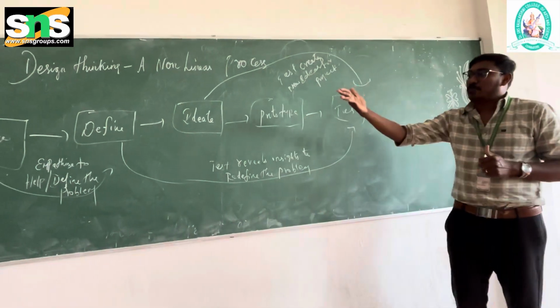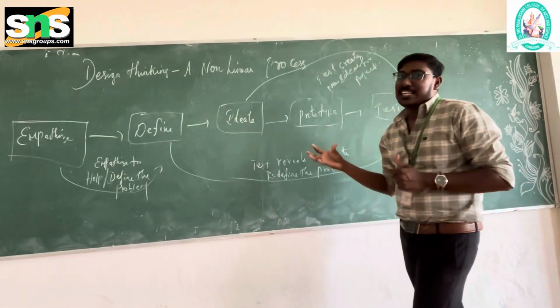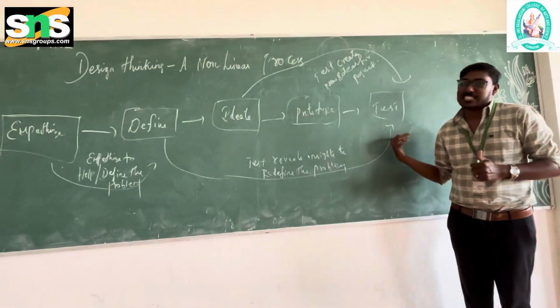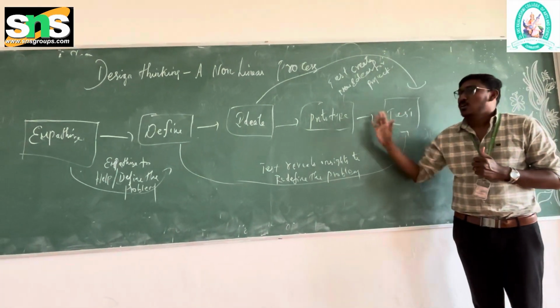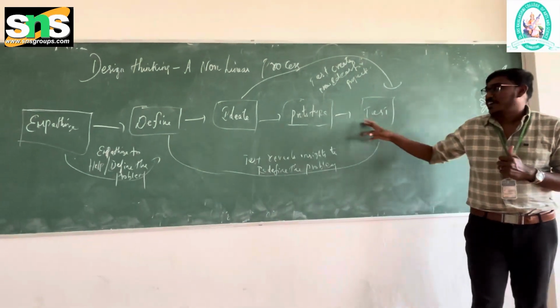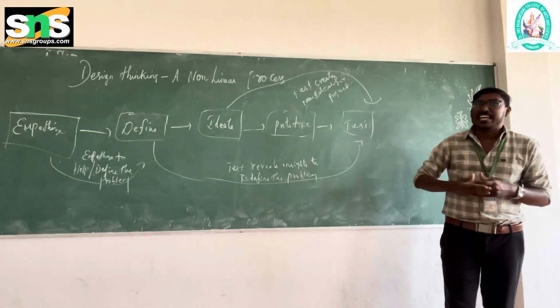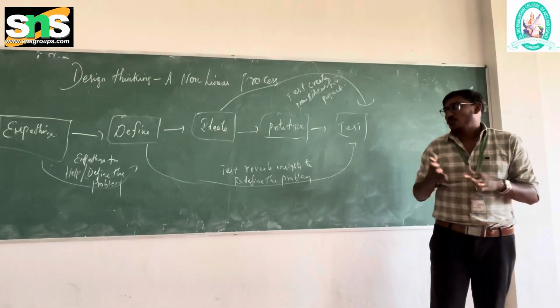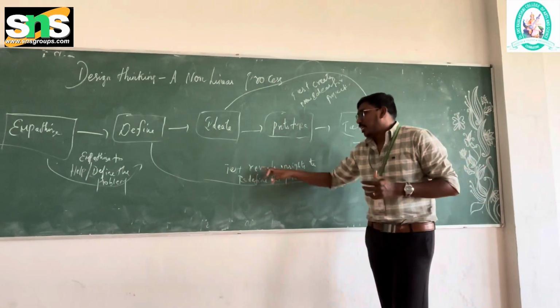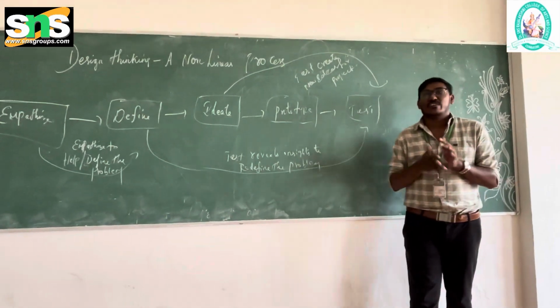The first stages, empathize, define, ideate, and prototype, all those 4 things lead to the last thing, which is test. Testing is the most important thing. How will you test the product? Whether the product is in good condition or not. If you are creating insights for the product, how? Test reveals insights to redefine the problem.